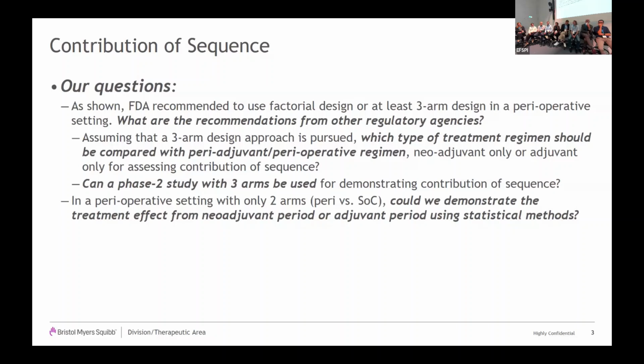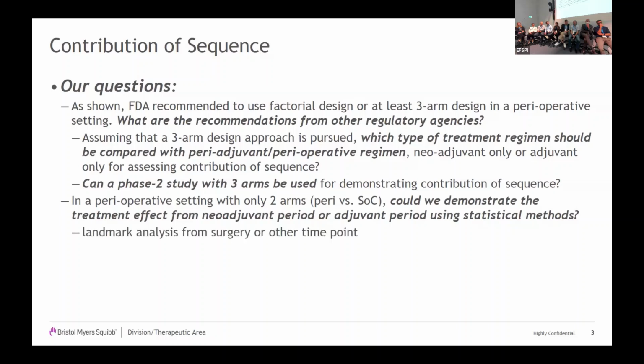And so we would like to ask, is it possible to demonstrate the treatment effect of a different treatment arm to a different treatment phase using advanced statistical analysis methods?